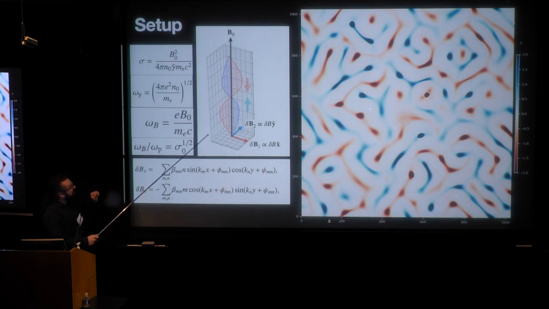So we set up a magnetic field which is very strong. This parameter of the strength of the magnetic field is 10. That means that the magnetic field energy is 10 times more than the rest mass energy of the plasma.